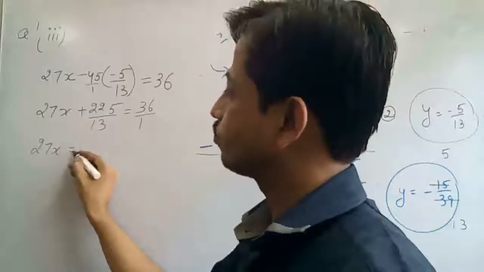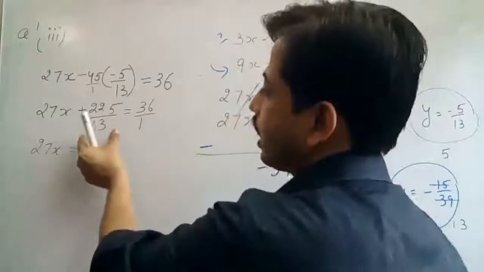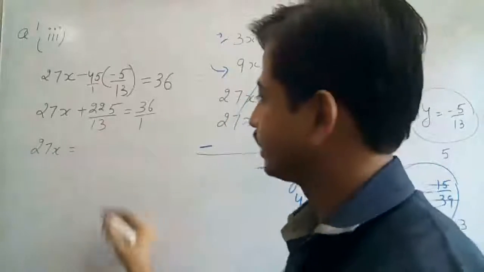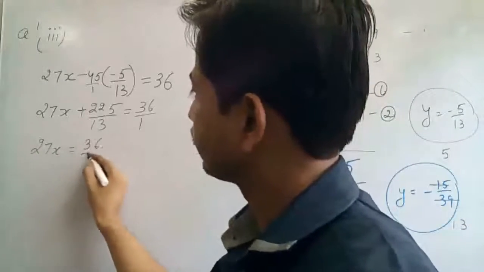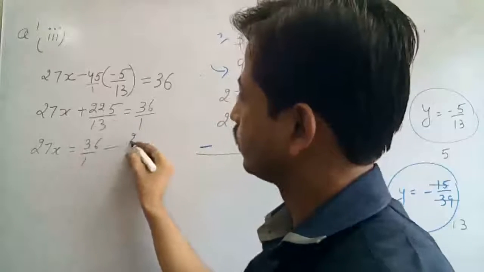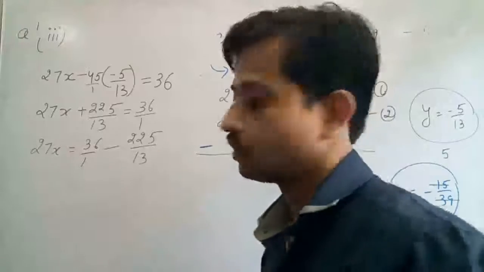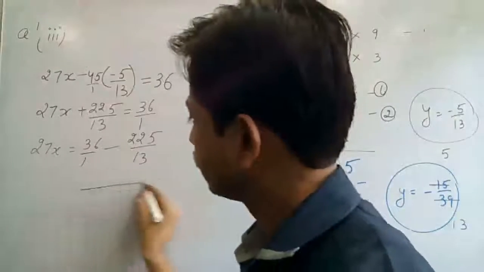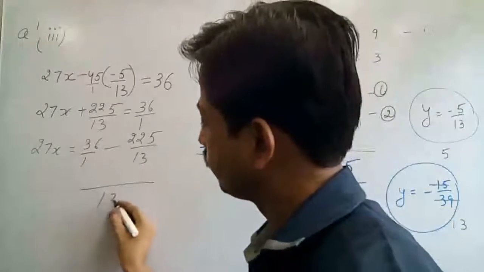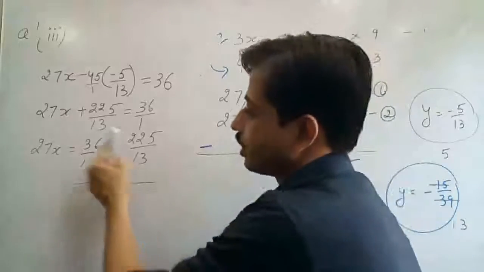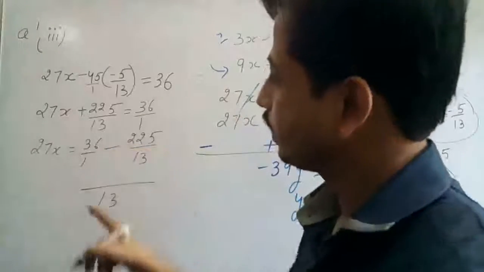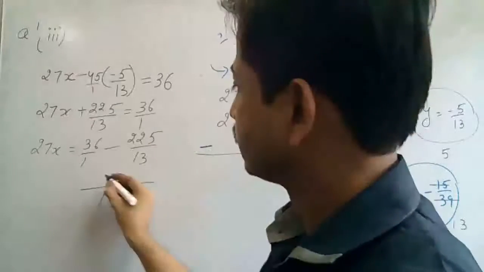Now to solve 27x, we have to get the value of x. So that's why I have to take this on the right hand side. 36 divided by 1, negative 225 divided by 13. Now what's the LCM? 1 into 13, 13. Now do cross multiply. 13 into 36. Do multiply. 13 into 6, 78.